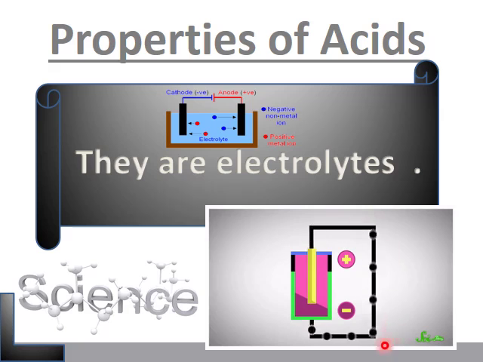This experiment shows that the solution is an electrolyte, means electricity is passed through the solution, and you can see that electrons are flowing. It means they are electrolytes, they can conduct electricity, and they have the property to let electricity pass through them.